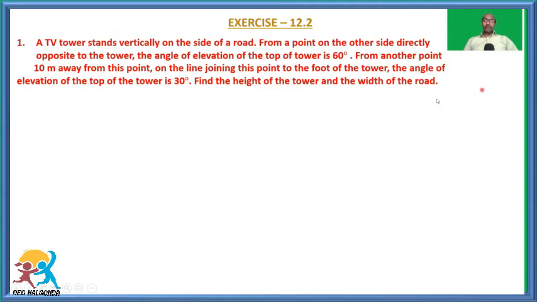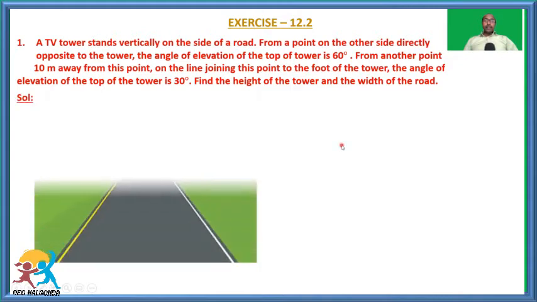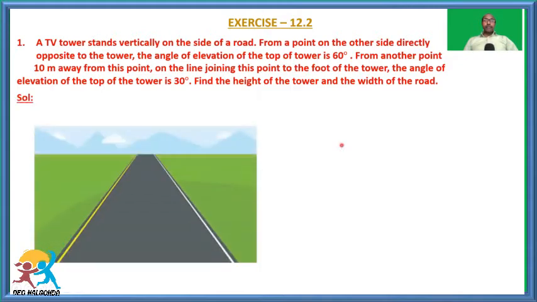That's the question. So first imagine the scene. Here it is a road, and a TV tower stands vertically on the side of the road like this. Now, from a point on the other side directly opposite to the tower, an observer is there.